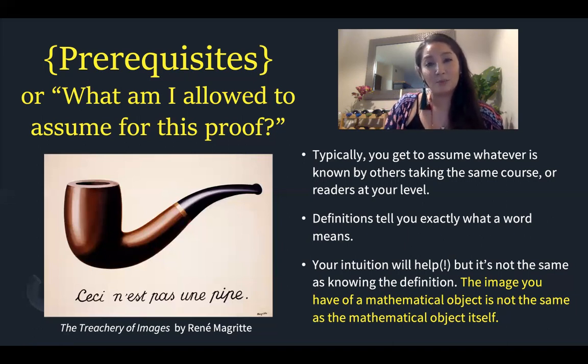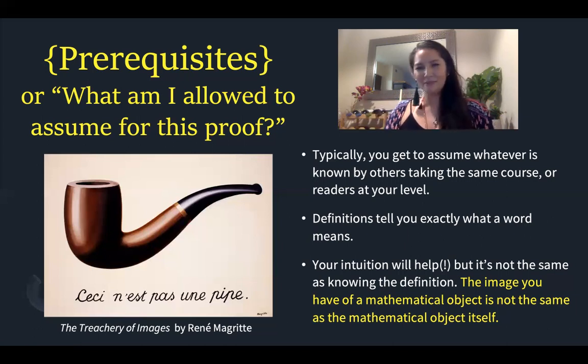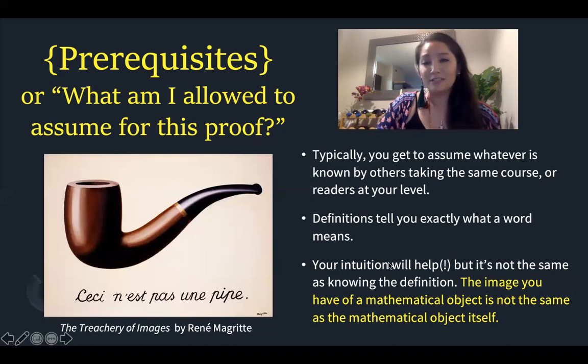For our purposes, when we're writing a proof, we're going to use the definition to tell us what that mathematical object actually is. Now, the philosophers might say that the definition of a prime and an actual prime are not the same thing, perhaps, but we are going to use the definitions when we prove things.